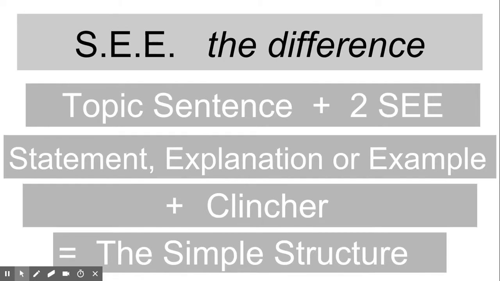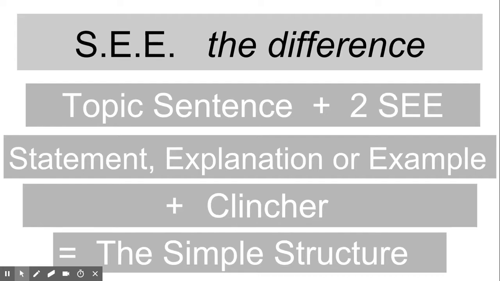The main thing that we're talking about this time is the SEE, the simple structure to create a paragraph. Again, we are talking a lot in this class about structure, not so much content.